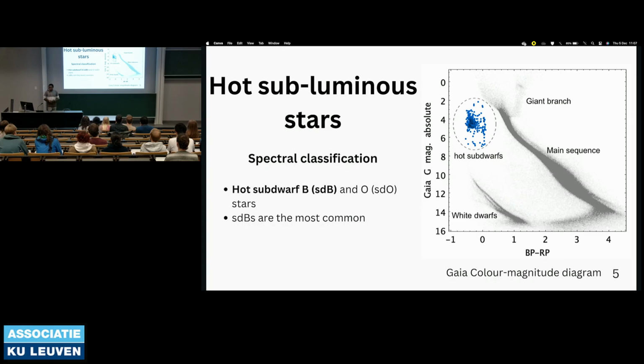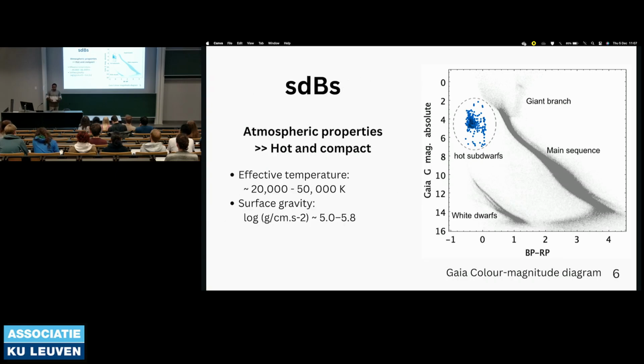They are divided into 2 main spectral classifications: first is hot sdB, and the second is hot sdO stars. Observations confirm that sdB stars are the most common, so my talk will focus particularly on sdB stars. These are hot and compact objects as suggested by the effective temperature and the surface gravity.